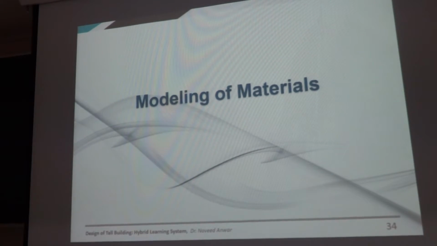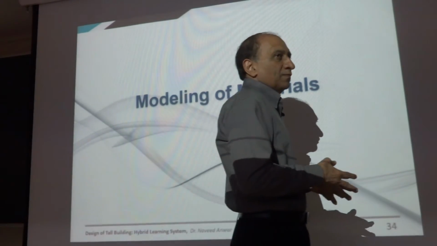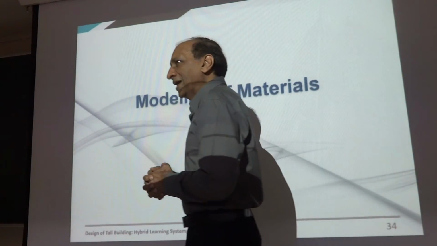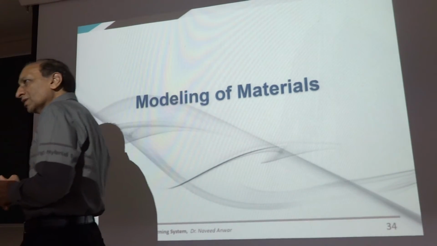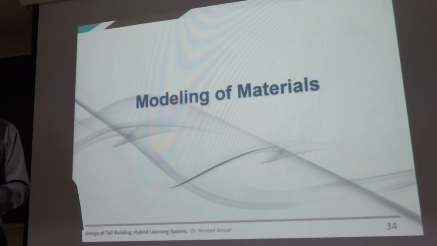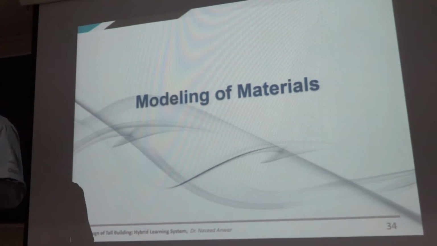So if you understand the difference between a flesh membrane, or a tissue, and concrete, and how to model that material, and how to model the behavior of that material, that is the key. Everything else is common, right?